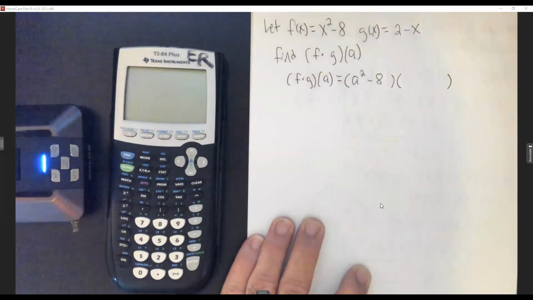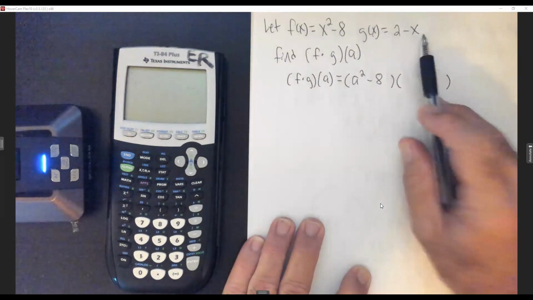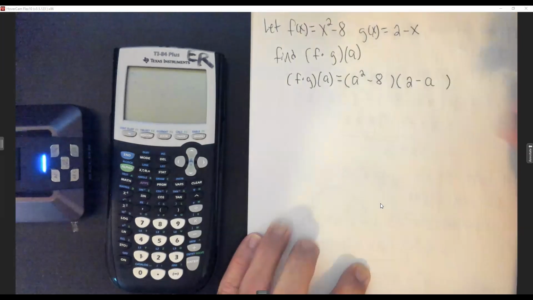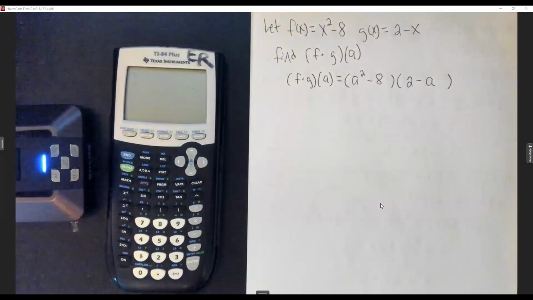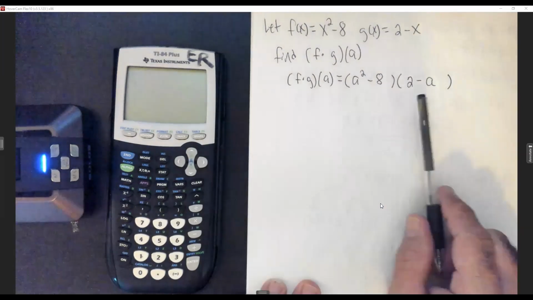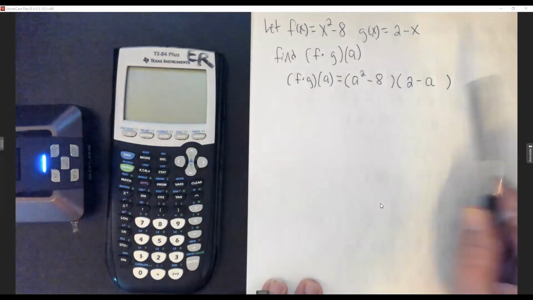And this one, instead of being 2 minus X, that's going to be 2 minus the A. Now, we've got the a's replaced like we needed to. So now we're going to multiply this by FOIL again.